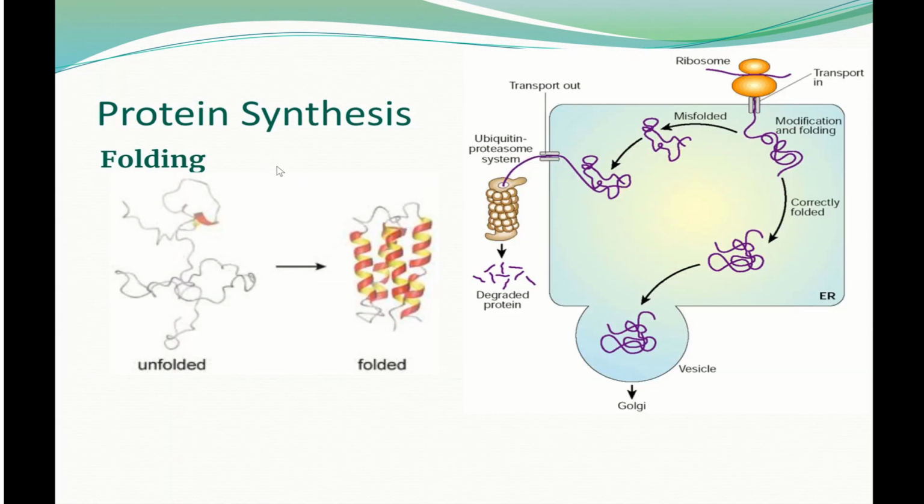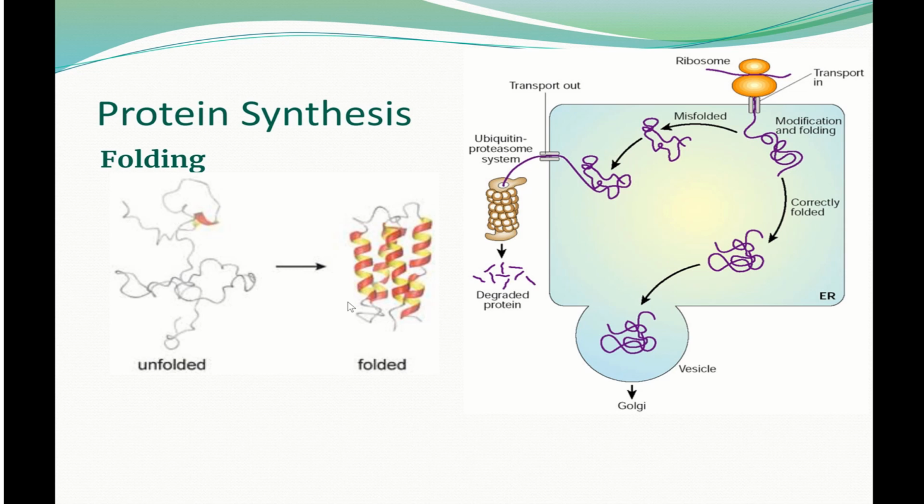And then this is possibly new information to you about protein folding. So once the ribosome creates the strand of polypeptides, so the strand of amino acids, it's not going to be folded correctly, and we need it to be folded correctly in order for it to carry out its function.